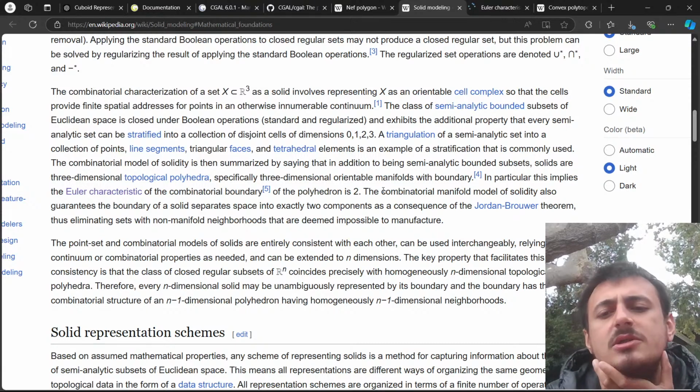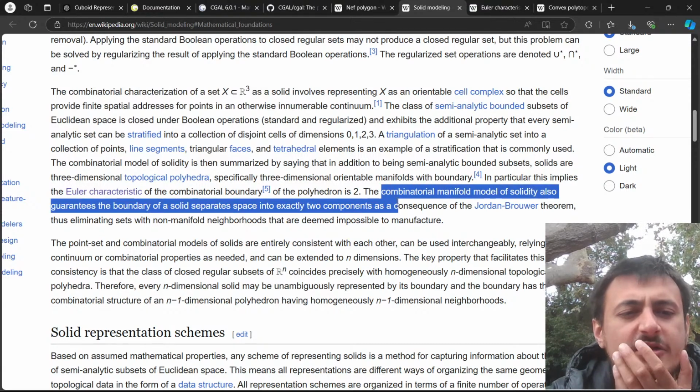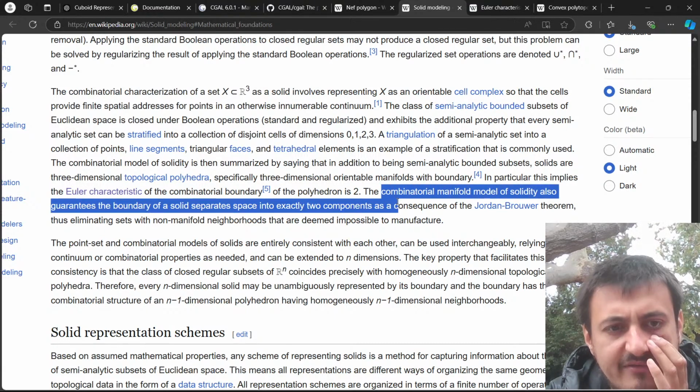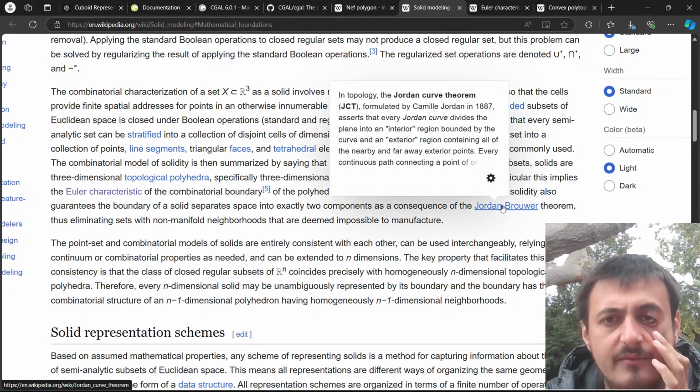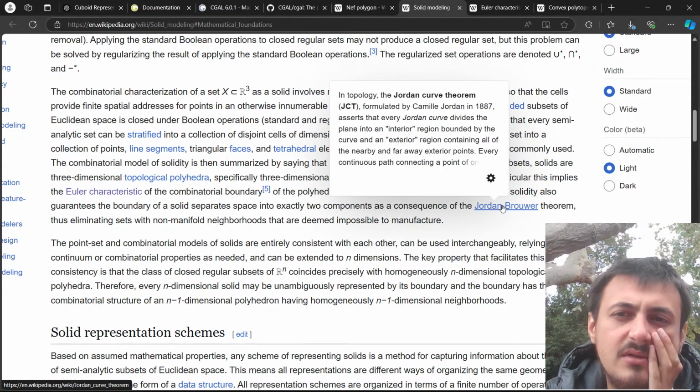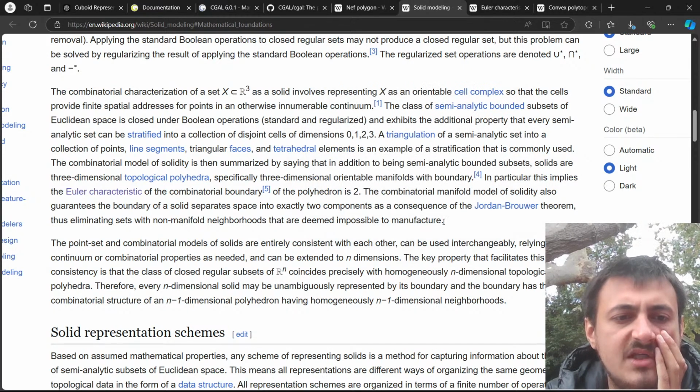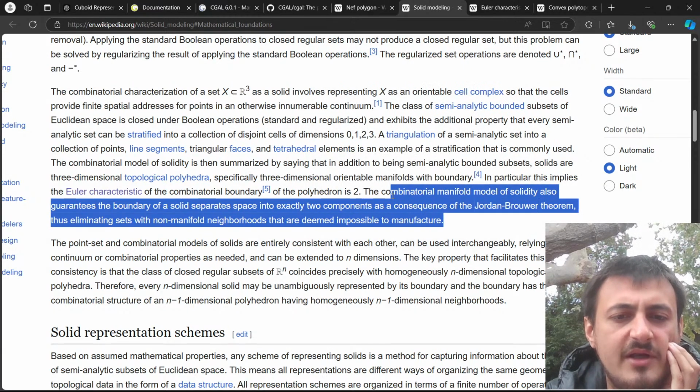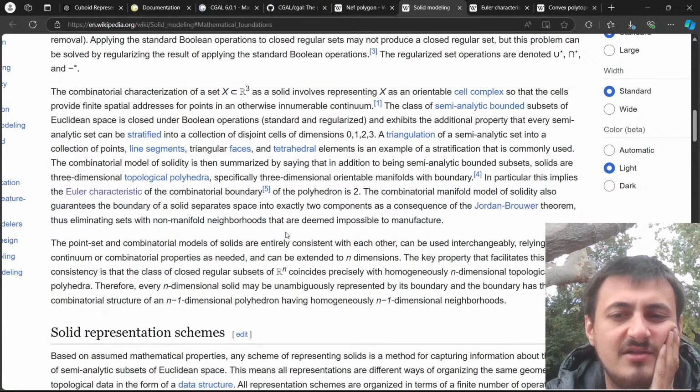The combinatorial manifold model of solidity also guarantees the boundary of a solid separates space into exactly two components as a consequence of the Jordan-Brouwer theorem. I think I've heard of that too. Thus eliminating sets with non-manifold neighborhoods that are deemed impossible to manufacture.